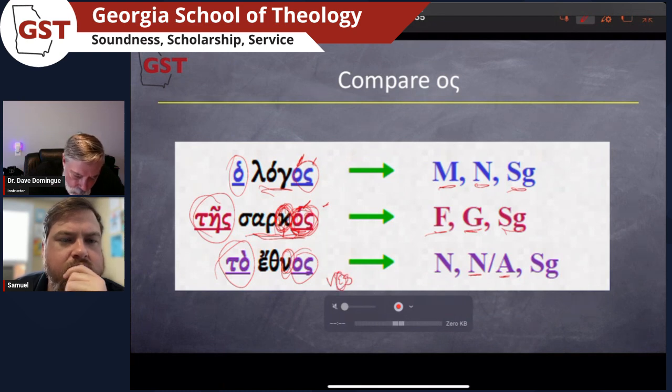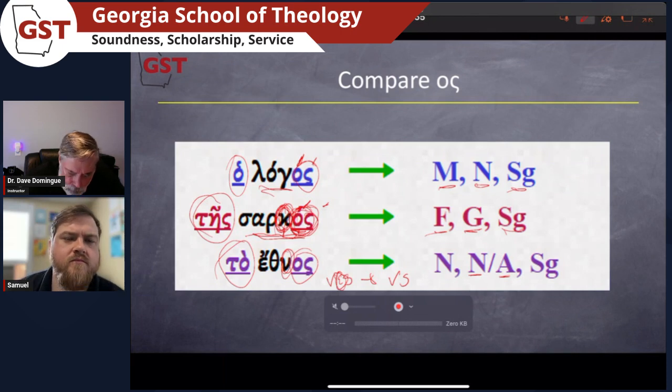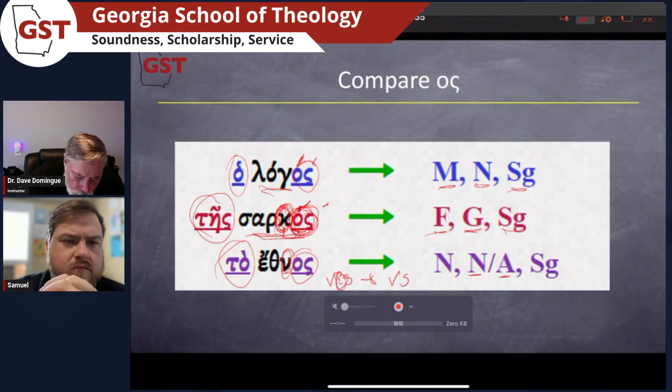Well, what happens to the nu when the sigma? Oh wait, I think I got this wrong. The sigma of the stem becomes intervocalic and drops out, and in the nominative and the vocative singular the final stem vowel undergoes an ablaut. That's a change. Oh yeah, so this I remember. Okay, I got it. Let me fix this.